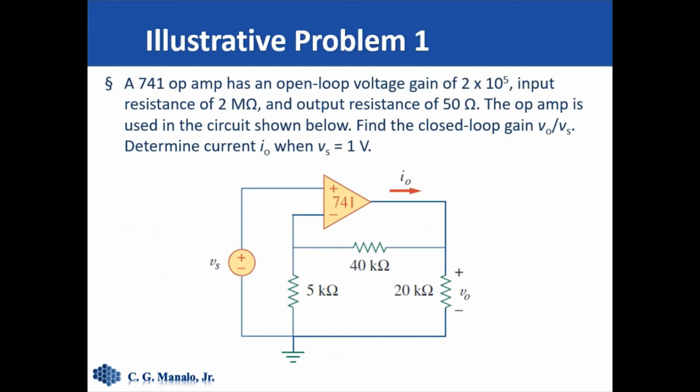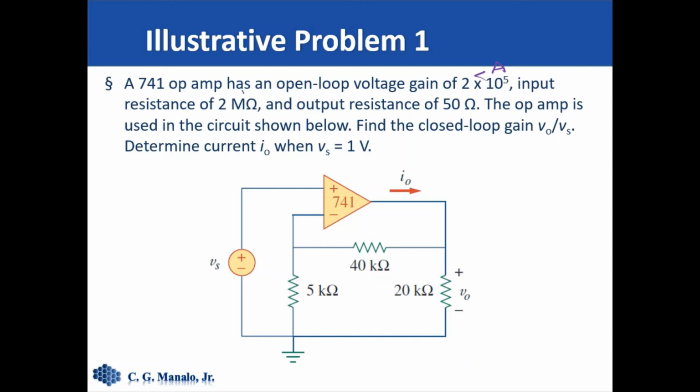Let us have an example to illustrate how to handle an op-amp in a circuit using the feedback configuration. Here we have a 741 op-amp with an open loop gain of this one. So this one is our A, and an input resistance of 2 mega ohms.